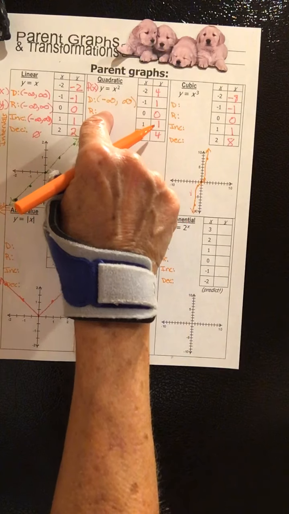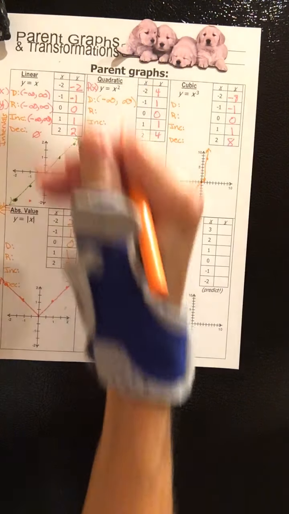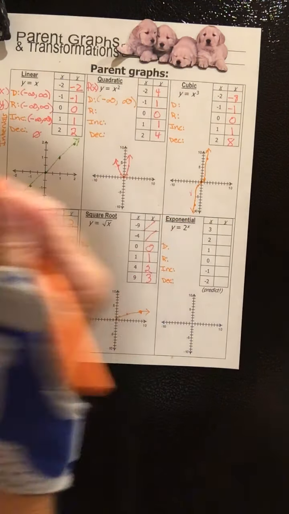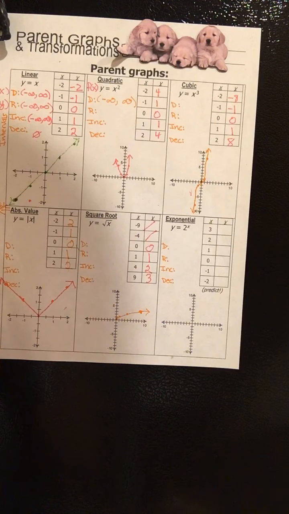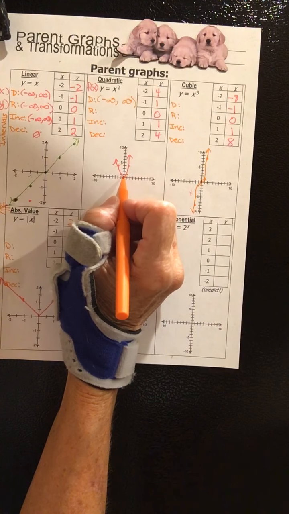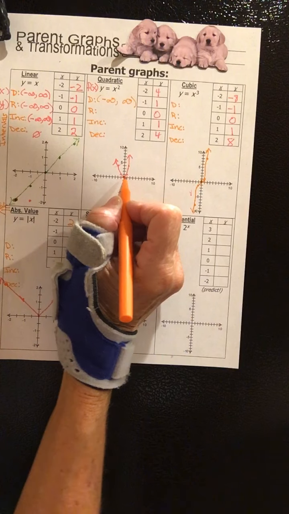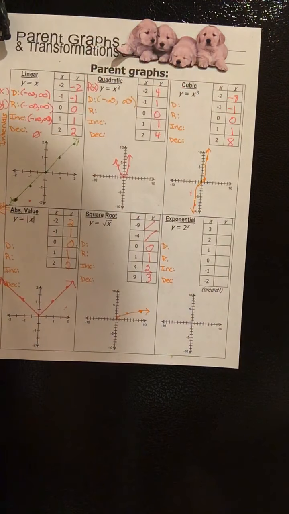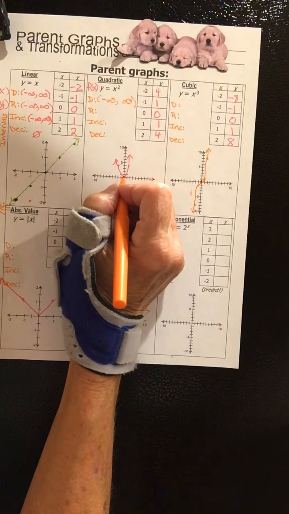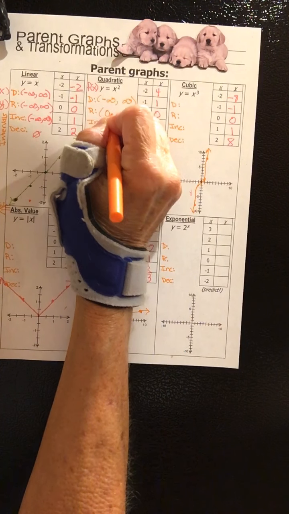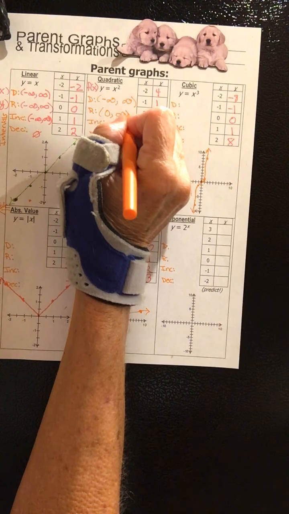Okay, for your range, well, again, it's from the least to the greatest. So what's the lowest value on this one? Well, the lowest value I see right here is 0, and then it goes up forever. So if I start at 0, it goes up forever. This would be 0 to positive infinity.